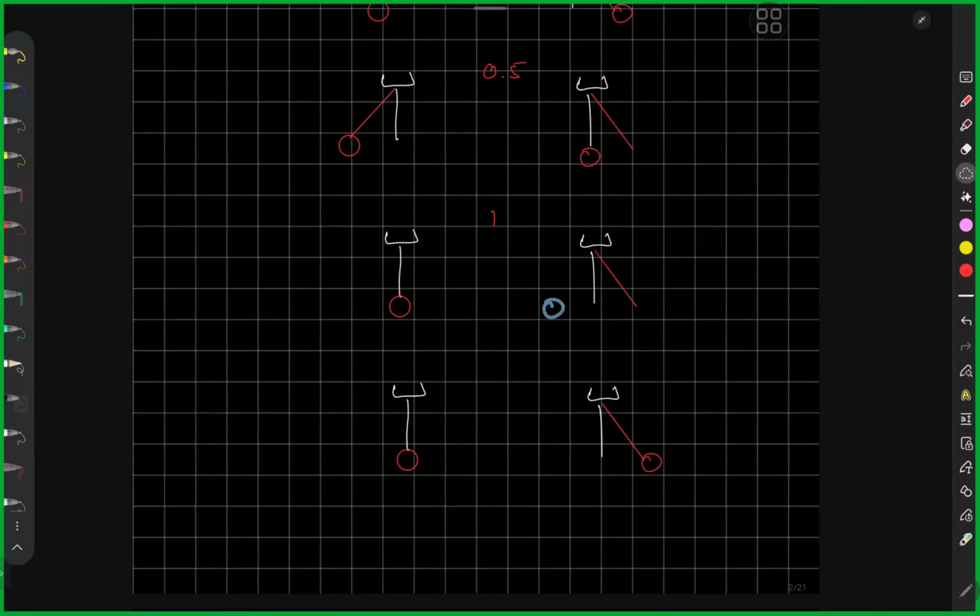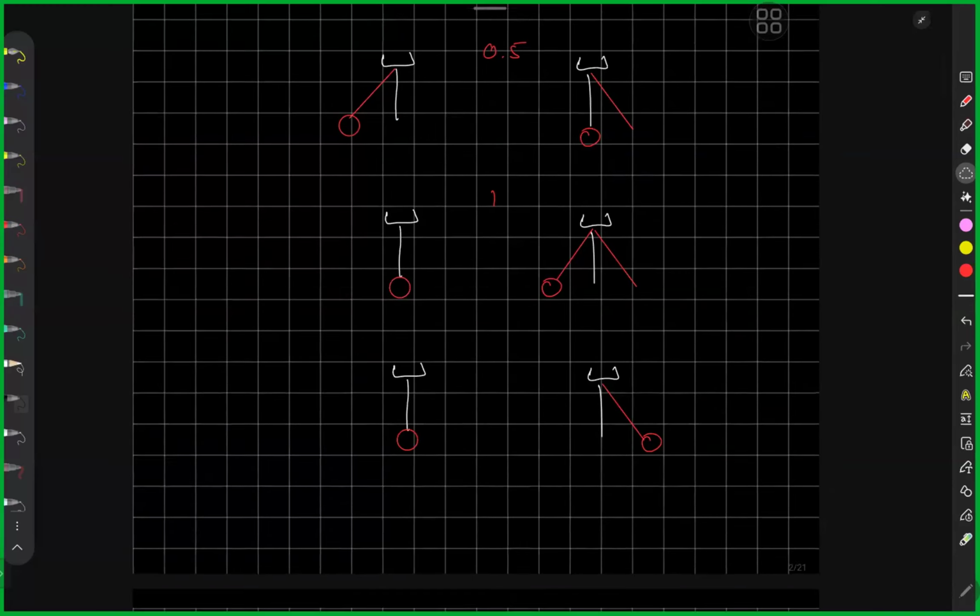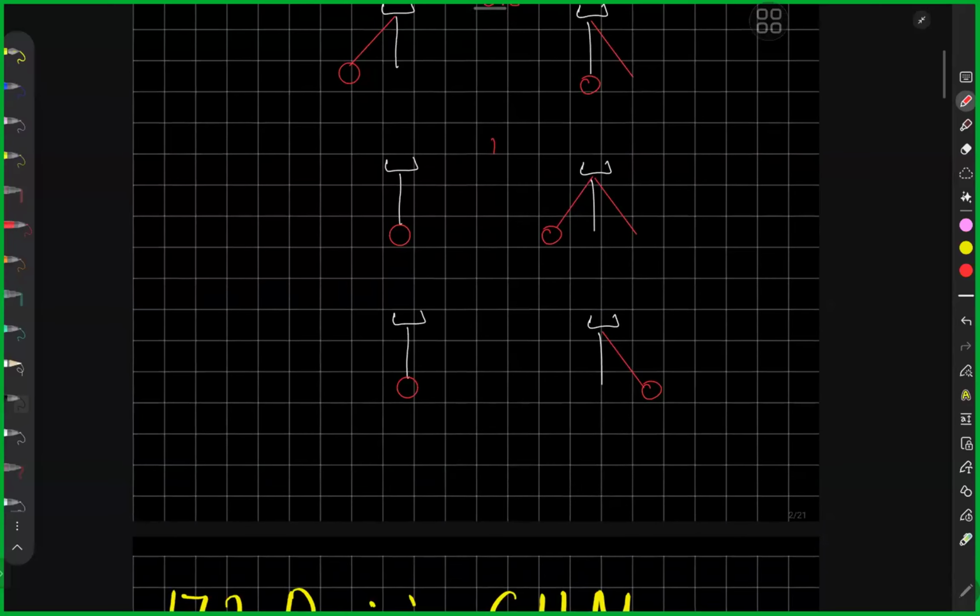Next, what happens when 1 second has passed? This bob will be at this position, and this bob, after being in this position, in the next 0.5 will come back to here. So 1 second has passed. Now, if 1.5 seconds have passed, what happens? This bob, after being here, comes back to this position.